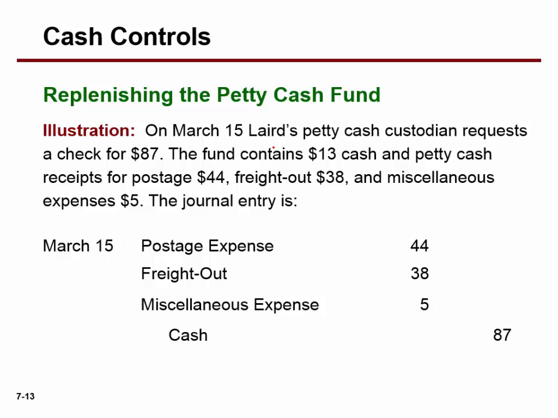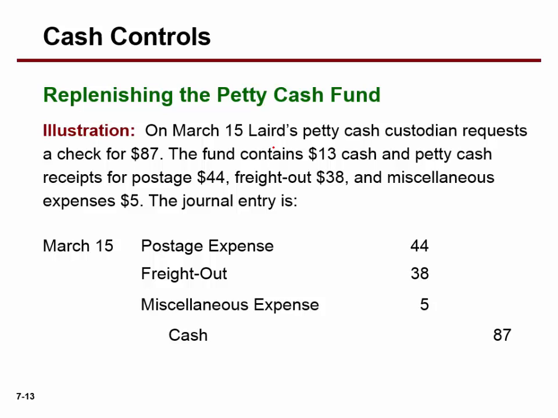There was $13 sitting in there. So my cash account shows now what? 813, and I indeed do have $913, don't I? I have $100 sitting in the petty cash box.